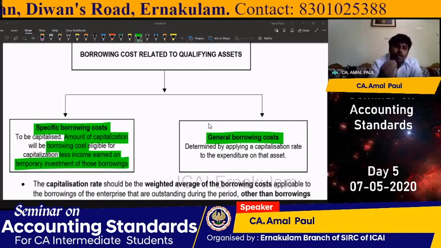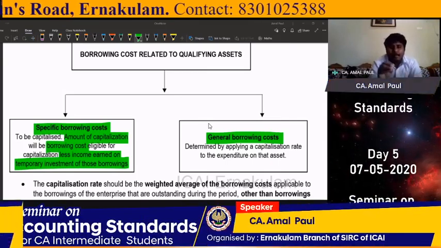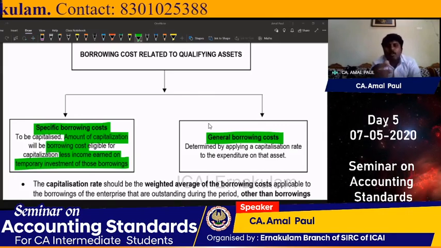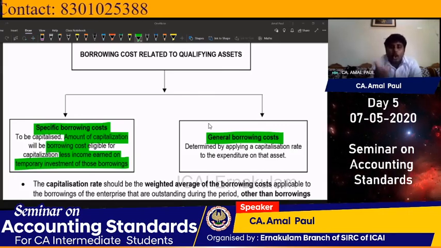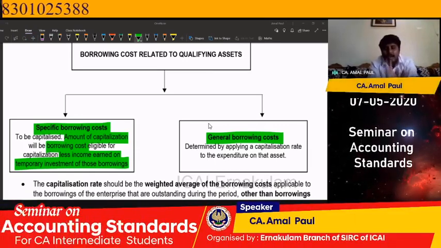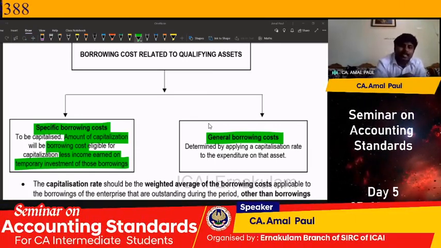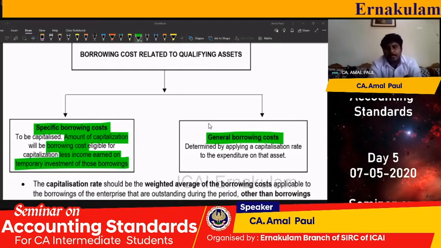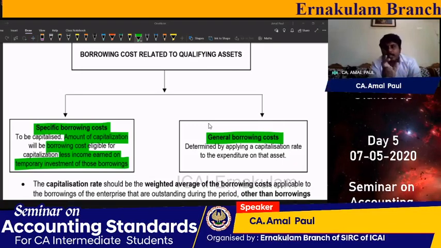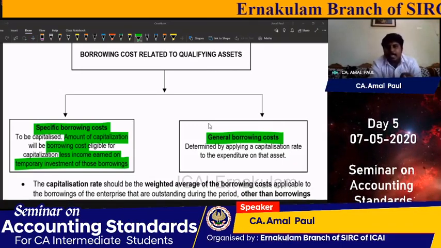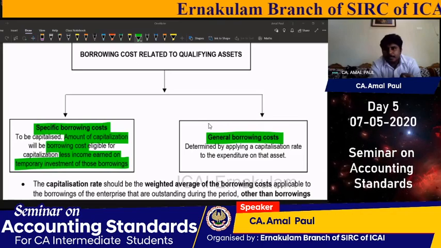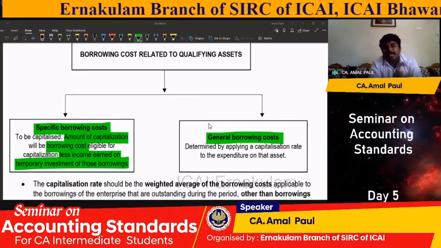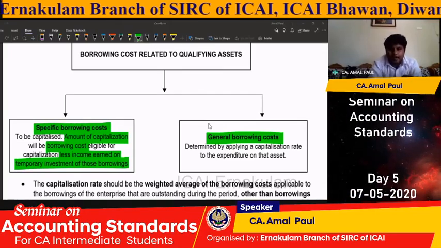Whether borrowing cost from general borrowing, for example, we are having a cash credit account, that is your working capital facility, short-term borrowings. Likewise, you are having some borrowings. Whether this borrowing cost also can be capitalized. The standard states that this also can be capitalized.